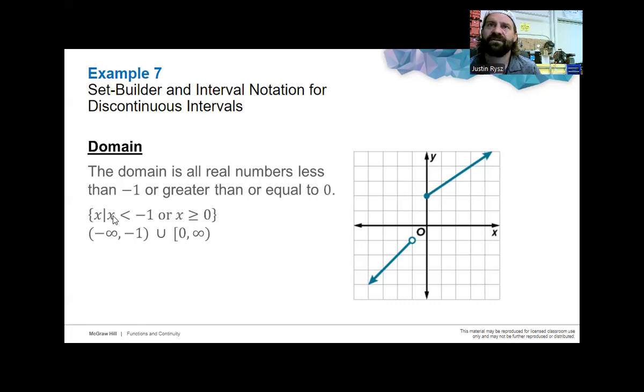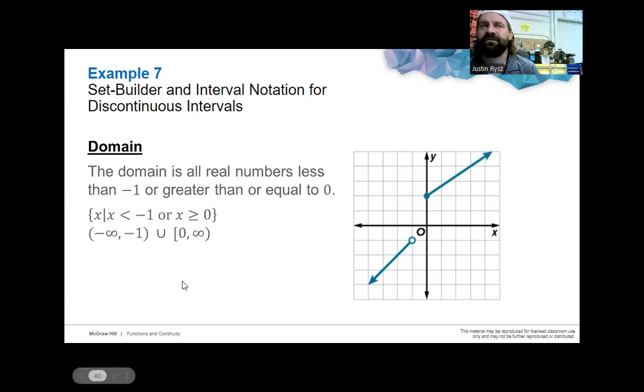So the domain would be x such that x is less than negative 1 or x is greater than or equal to 0. Now, the way that we write that in interval notation, we'd have to use this union symbol here. So we're going from negative infinity to negative 1. Notice the soft bracket there, parentheses, and union, hard bracket 0 to infinity.